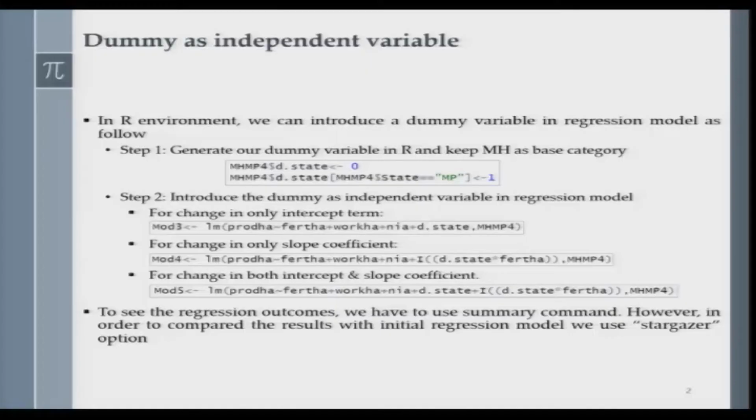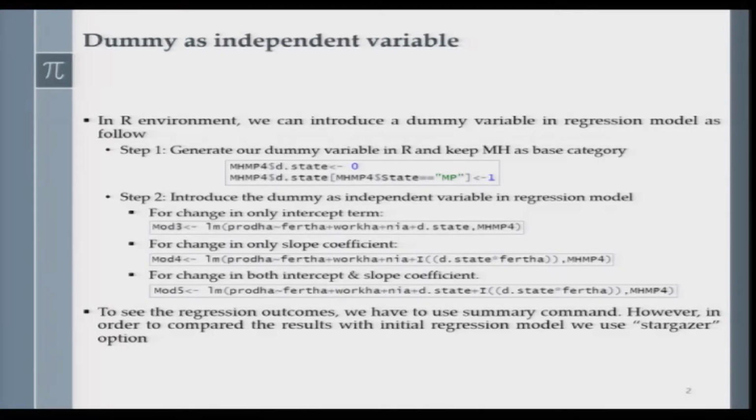The best way to do that is by introducing an interaction term in the linear regression model. You already have the dummy variable in the linear regression model 3. Now, we talk about model 4, where we also incorporate the interaction term between the continuous variable FERTHA and the dummy variable d.state.